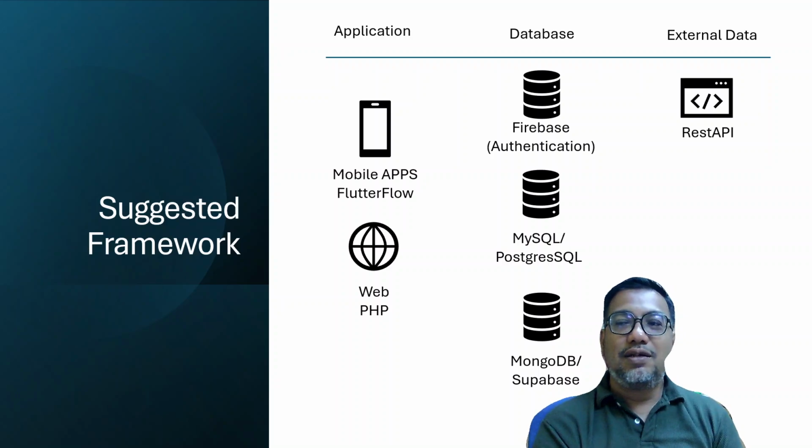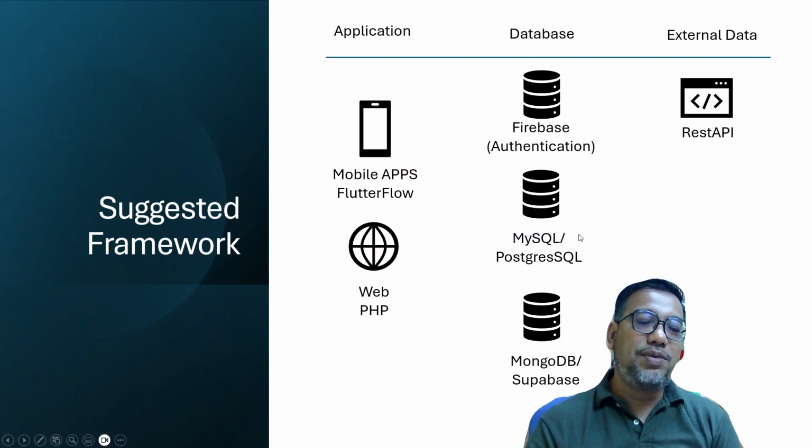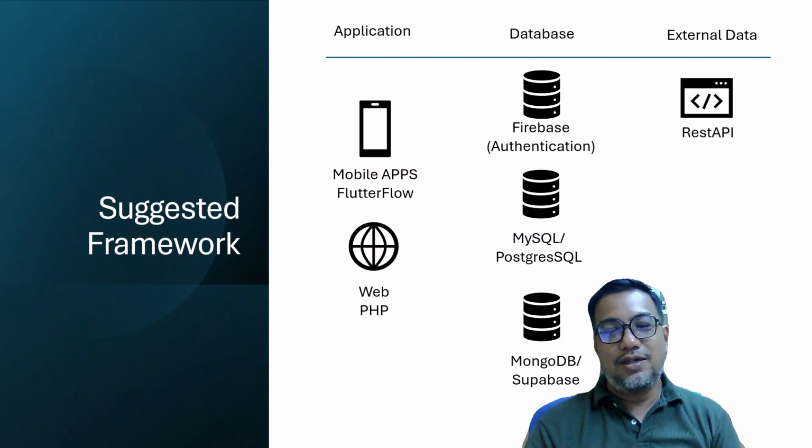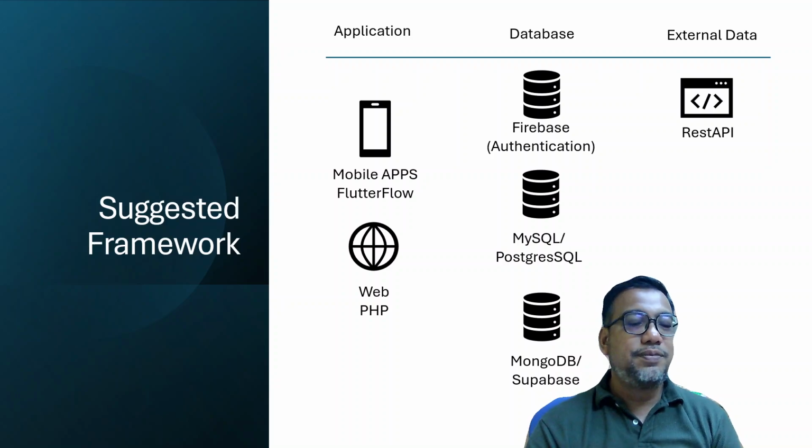Sekarang ni lagi laju, lagi senang pakai MongoDB, ataupun Supabase. And then external data, you can use REST API, kan? Weather data from open data lah. Kalau you buat apps bencana alam sebagai contoh, can get the data from the Jabatan Meteorologi. Memang ada open data dia. Weather forecasting and so on.